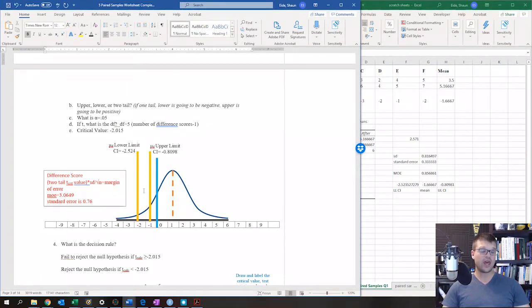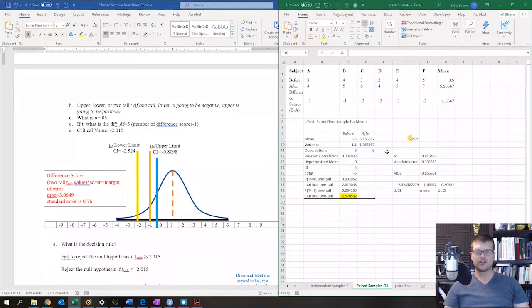Do we have enough evidence to demonstrate that individuals actually juggle more balls after class compared to before class? Or do we have evidence to indicate that individuals juggle fewer balls before class compared to after class? So that's what we're doing here.